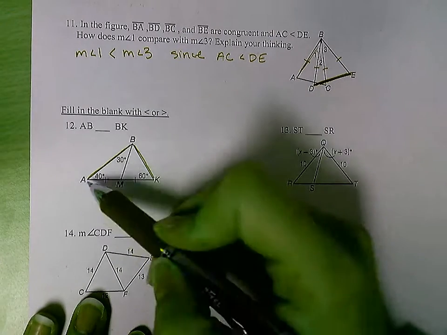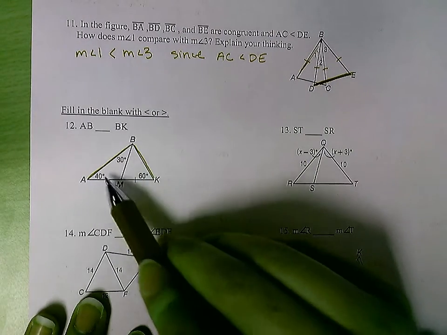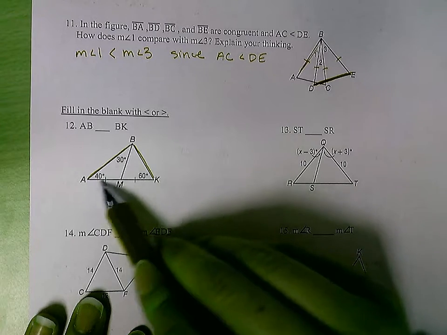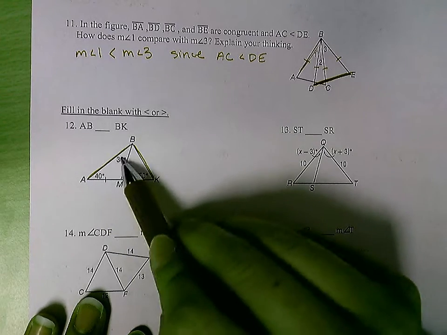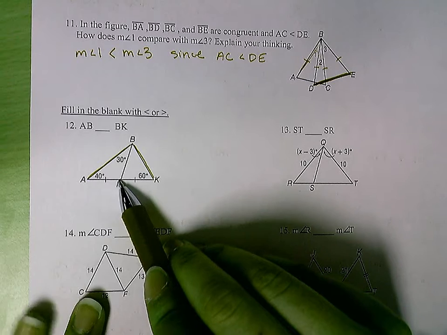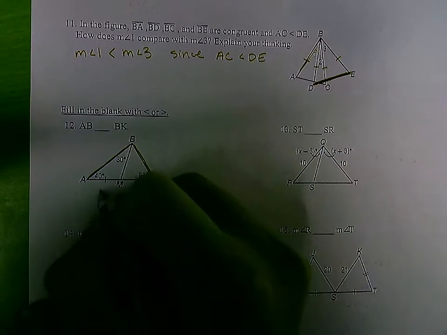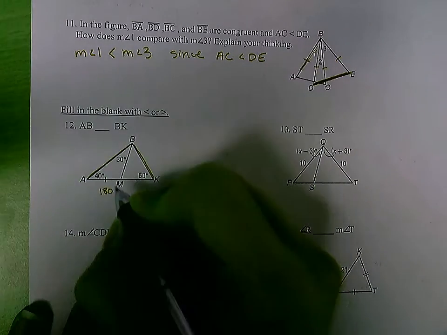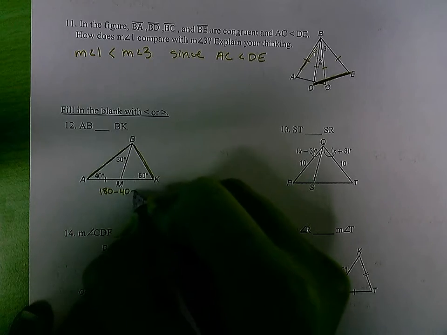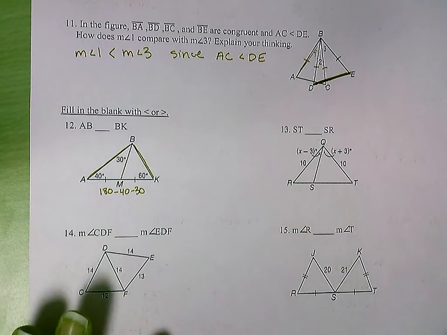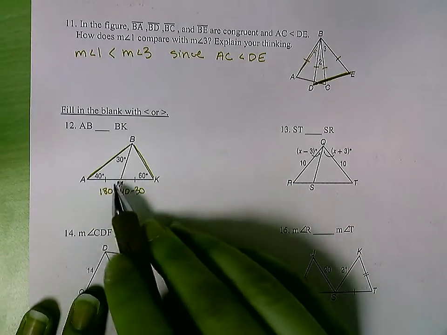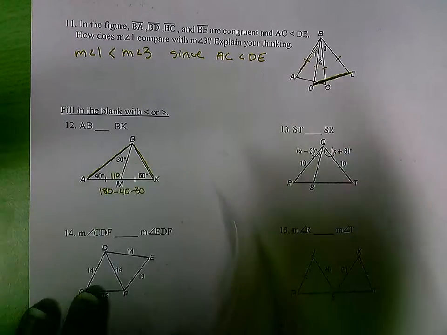If I look at triangle ABM, I have 40 degrees for angle A, 30 degrees up here. How can I find that angle right there? By subtracting. To find this angle, I would take 180, subtract 40, subtract 30. So that angle there would be 110.